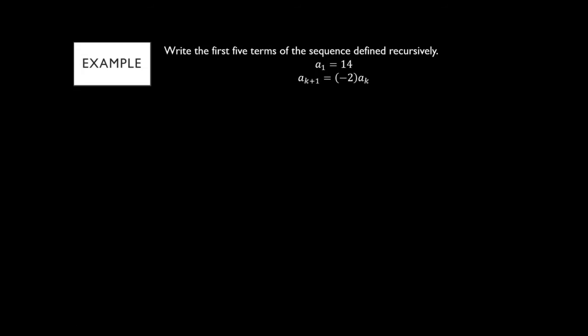And then from that starting point, you can find the next ones, or if you have to work backwards, you can. So we know that the first term starts at 14. And then we have this pattern, a sub k plus 1, which is telling us the next term equals -2 times a sub k. So recursive sequences, instead of using n, they'll usually use k, just to indicate that there's some recursion going on.